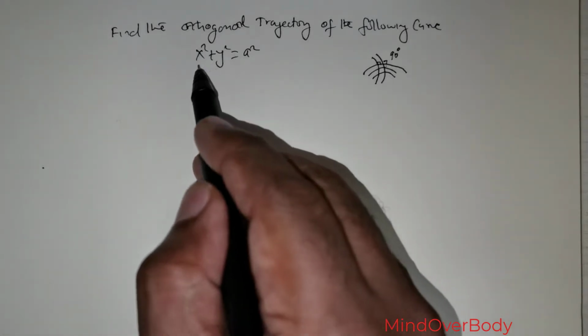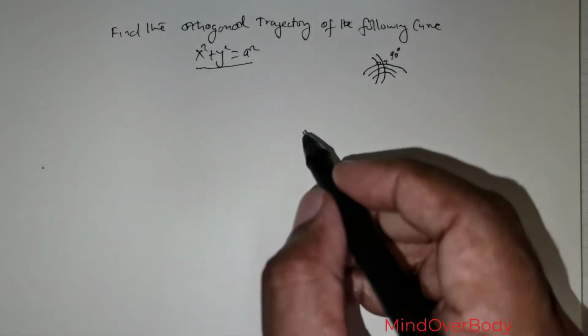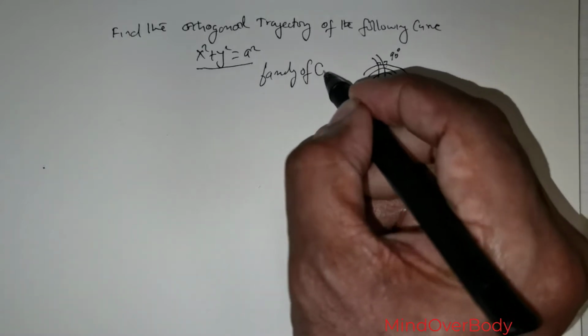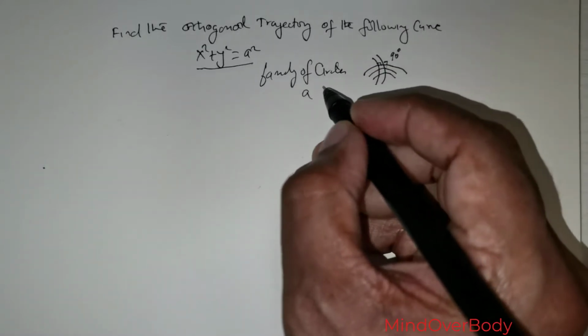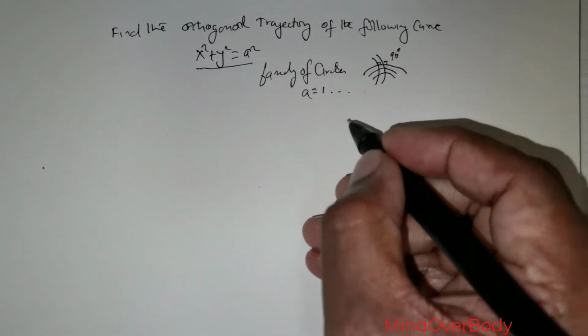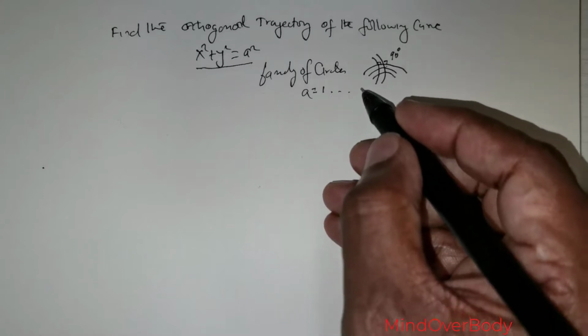So they have given us x squared plus y squared is equal to a squared. Now what is this? This is nothing but a family of circles, and the value of a can start from 1 and go on. a can be equal to 1, a can be equal to 2, a can be equal to 3 and 4 and so on.